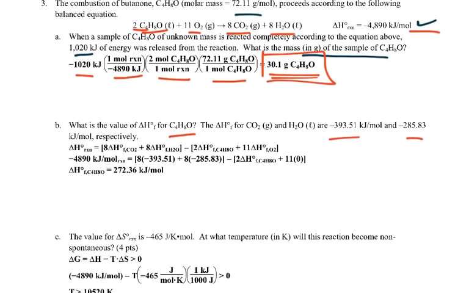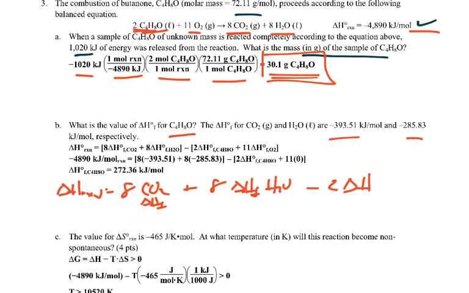So what we're going to have is that the delta H of the reaction is equal to 8 times the delta H of formation of CO2 plus 8 times the delta H of formation of H2O minus 2 times the delta H of formation of butanone, and oxygen, which is going to be 0.